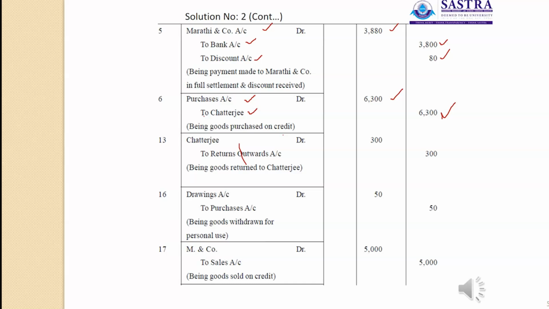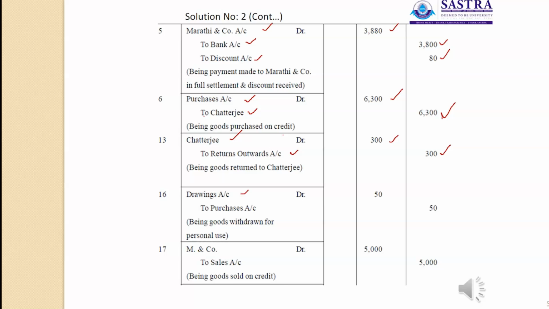Here Chatterjee account debit rupees 300 to return outwards rupees 300. The narration for this transaction is being goods returned to Chatterjee.